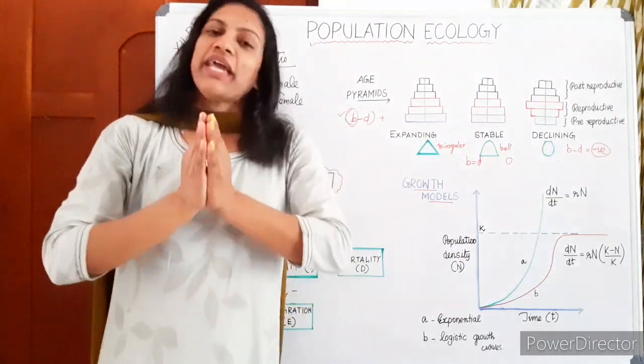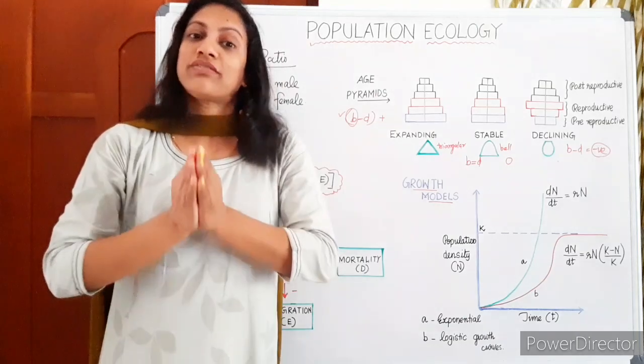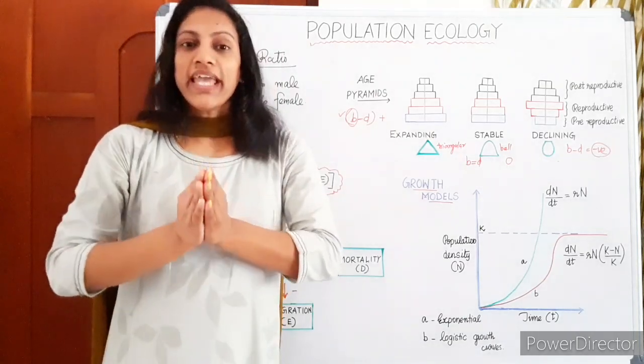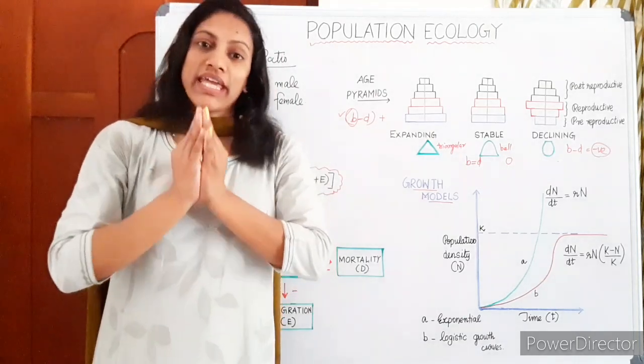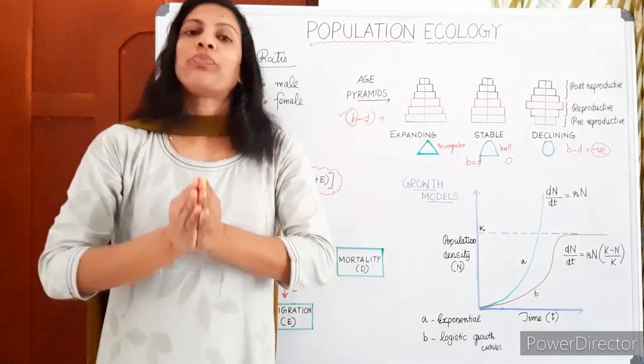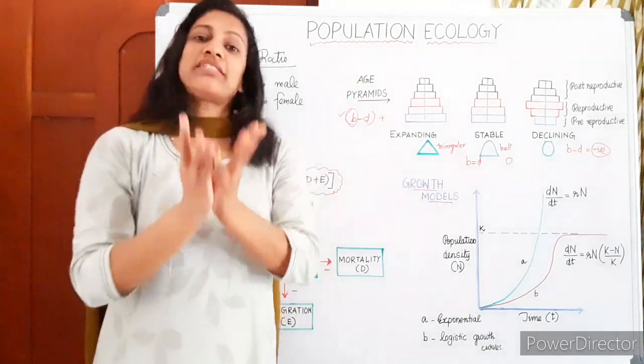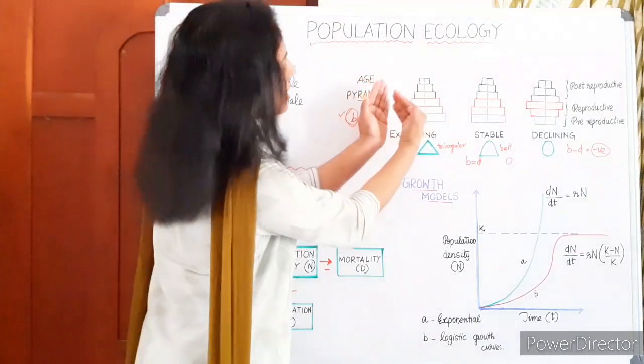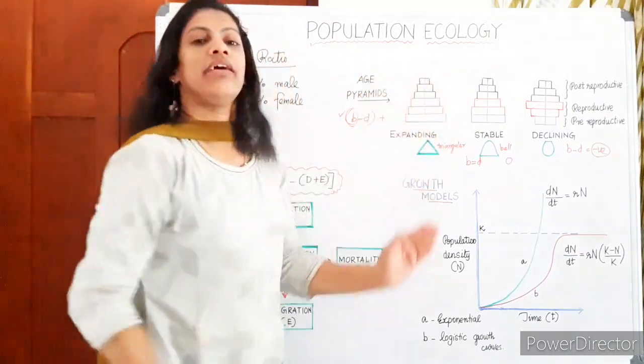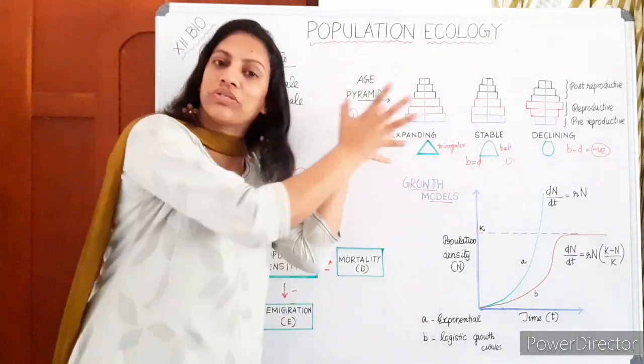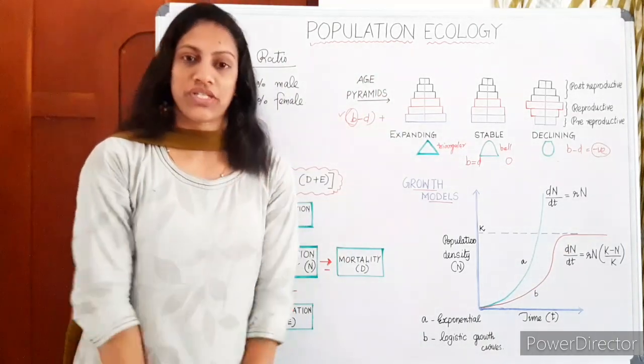Keep in mind, age pyramids are the pyramids drawn by considering age distribution and population density. In the same age pyramid, one side we can represent male and the other side female. The sex ratio can also be included in the same representation.